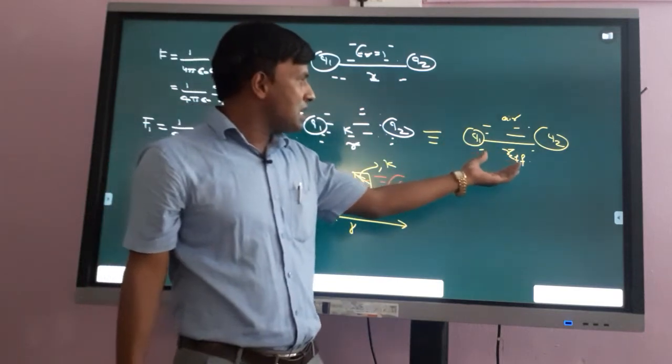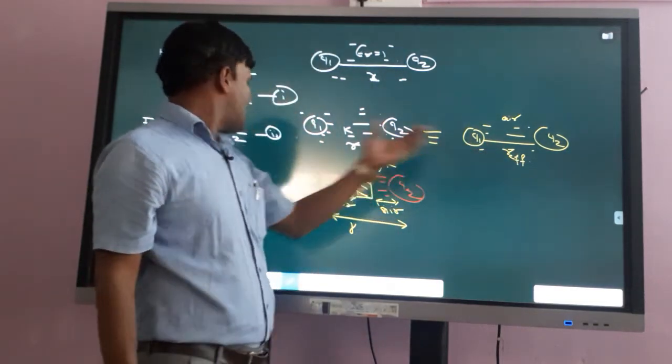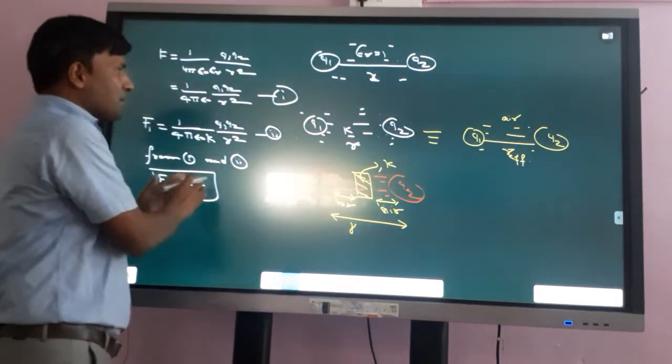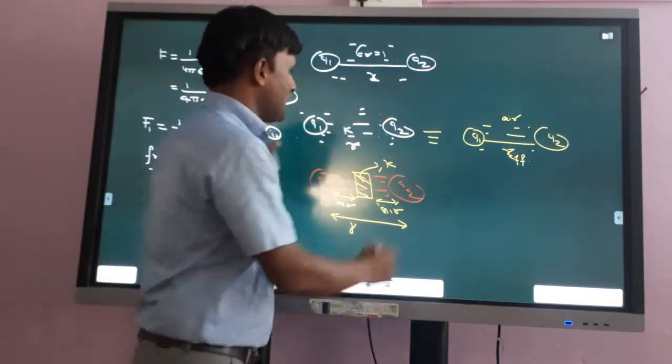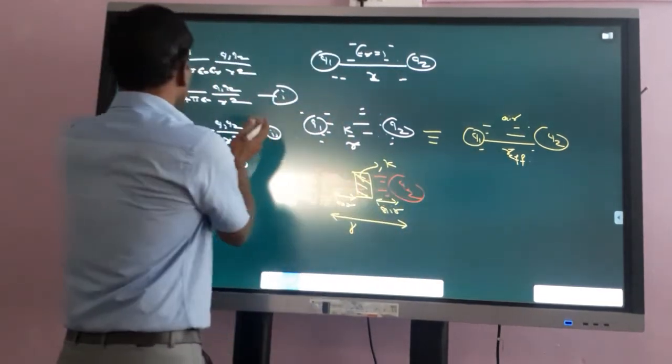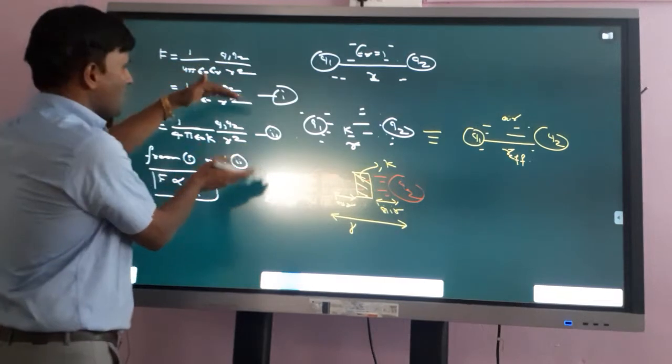So this distance can increase, so it can neutralize the effect of K, and we can find R effective to equate equation 1 and 2.